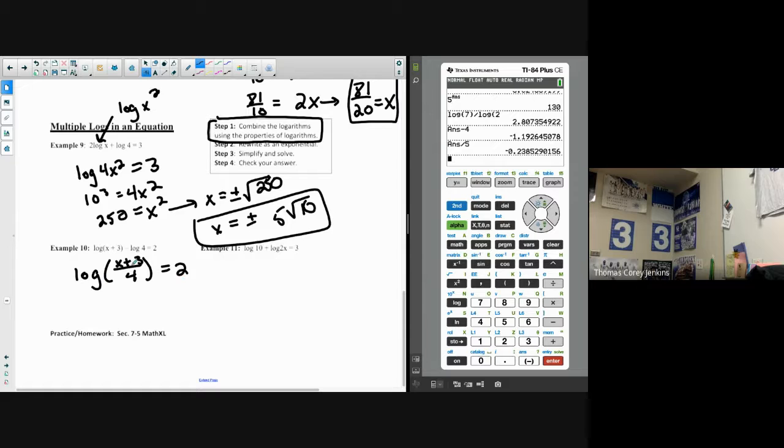So this would be 10 to the second power equals this. So 10 squared equal to x plus 3 over 4. This is equal to 100. So first thing we'd want to do is multiply by 4 on both sides. So that's going to give me 400 equals x plus 3. Then subtract 3, we get 397 equals x.